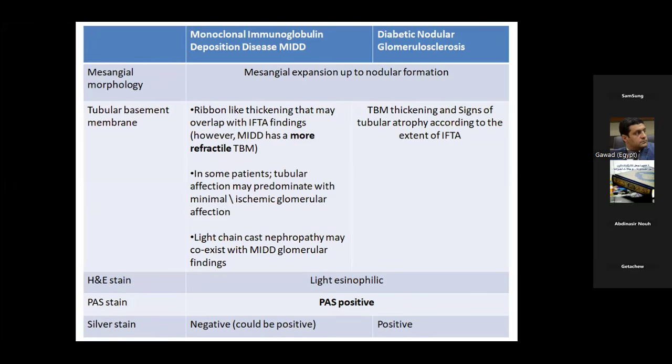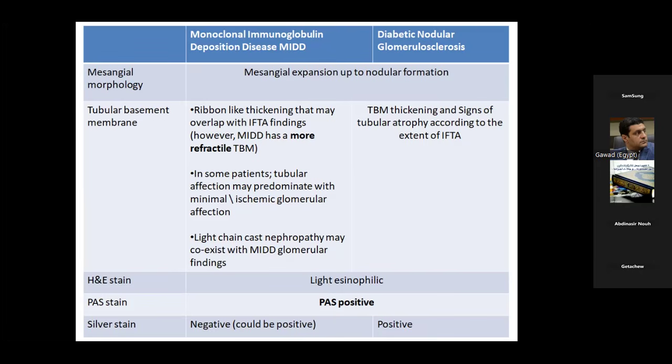These cases may regress clinically, both for his hematological disorder and his renal affection as well, by targeting his monoclonal disease, and it's not a primarily glomerular disease and will be life-saving.